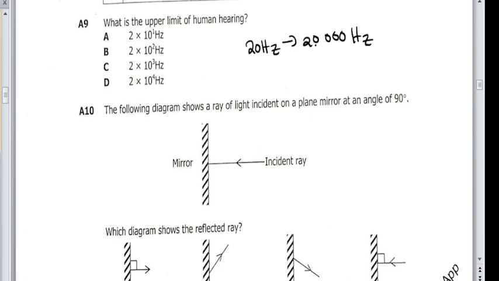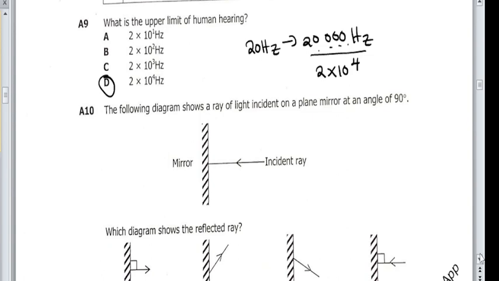Now, the upper limit is 20,000. Since they've given us standard form, 20,000 is the same as 2 times 10 to the power 4 because there are 4 zeros here. So the correct answer here is answer D.